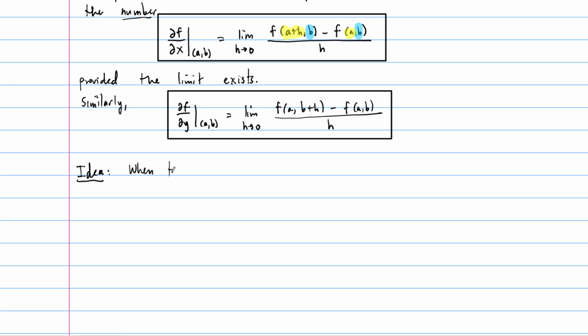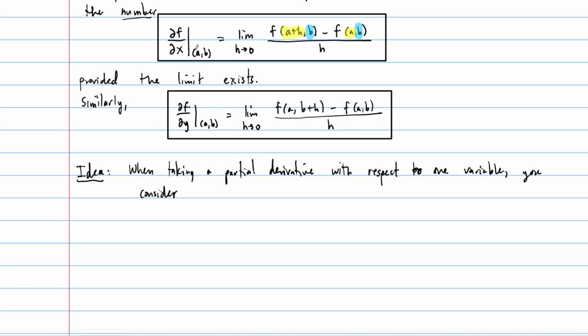When taking a partial derivative with respect to one variable, you can only do one variable at a time, even if you have a function of more than two variables. You still can only do one variable at a time. So with respect to one variable, you consider all other variables to be constant, and you take the usual derivative.